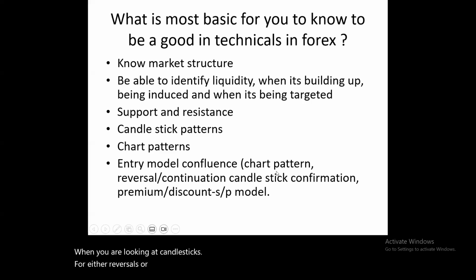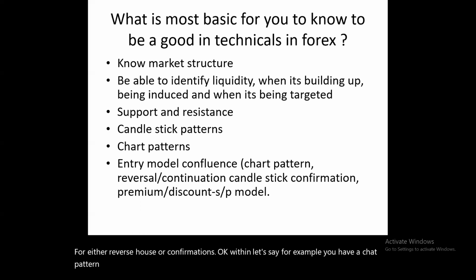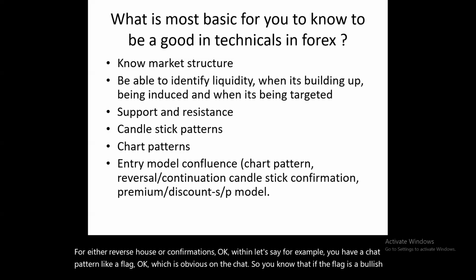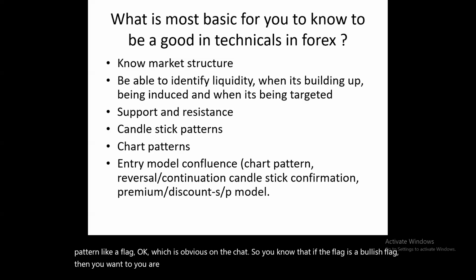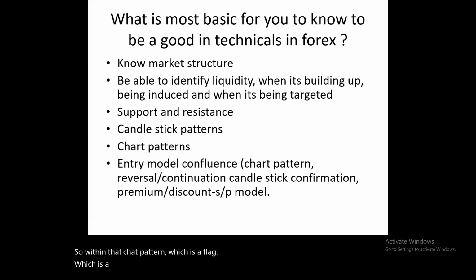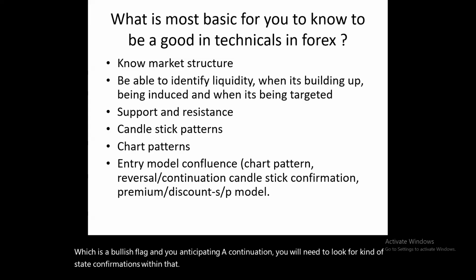For example, you have a chart pattern like a flag, which is obvious on the chart. If it is a bullish flag, then you are anticipating a bullish continuation. So within that bullish flag, anticipating a continuation, you will need to look for candlestick confirmations.